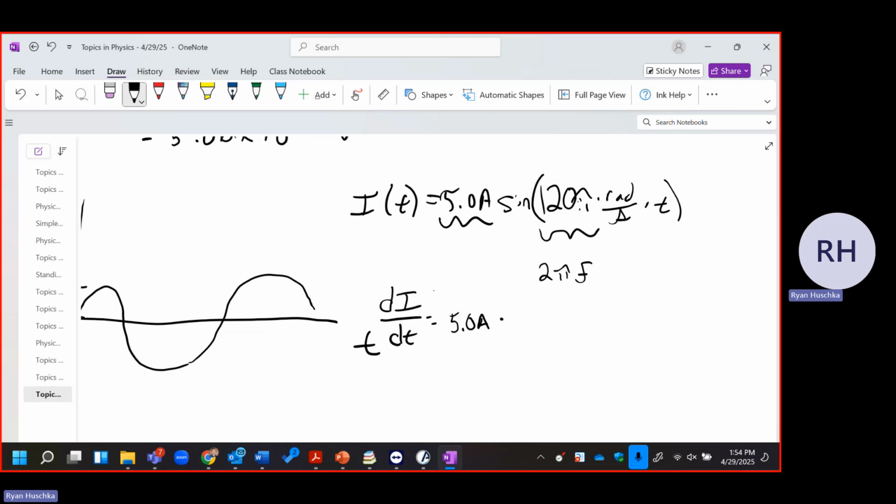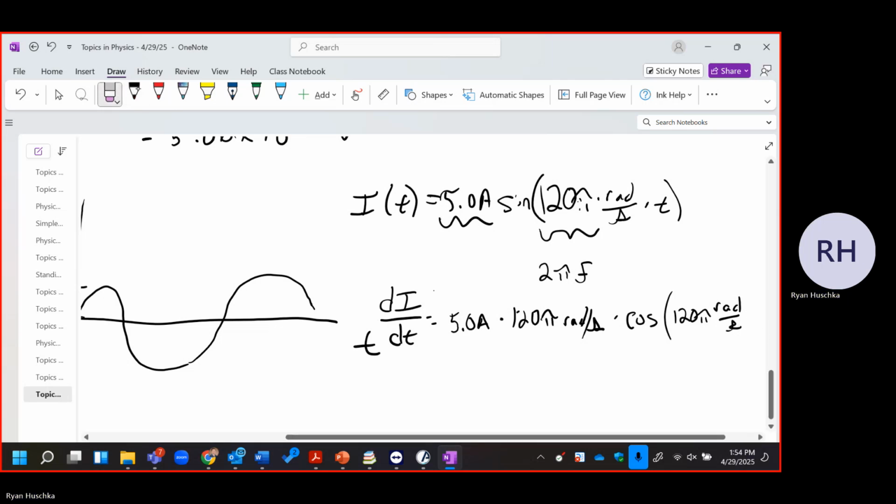So it's 5 amps times 120 pi radians per second times the derivative of sine, which is cosine. There might be a negative there, I don't remember that part. Then everything else will be the same: 120 pi radians per second times t.